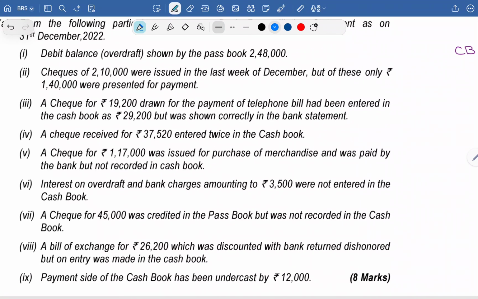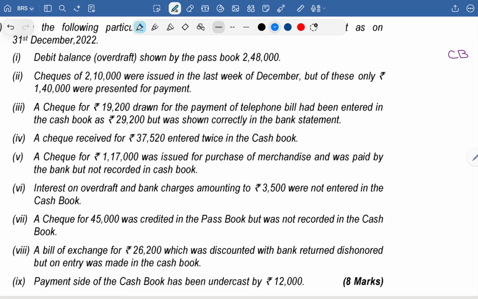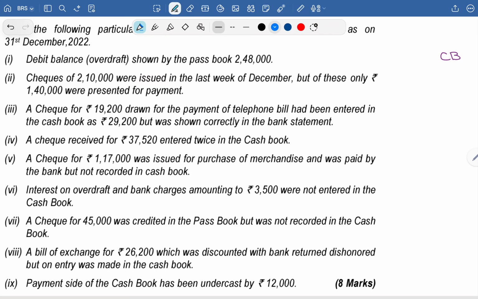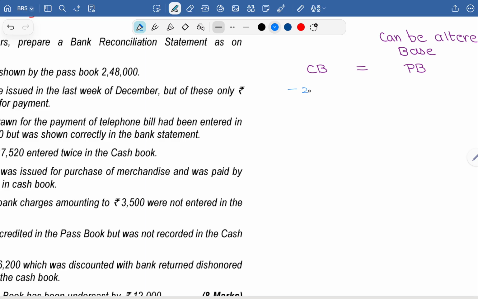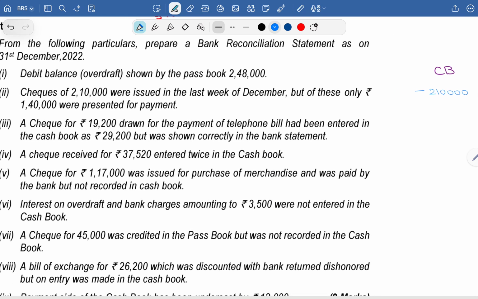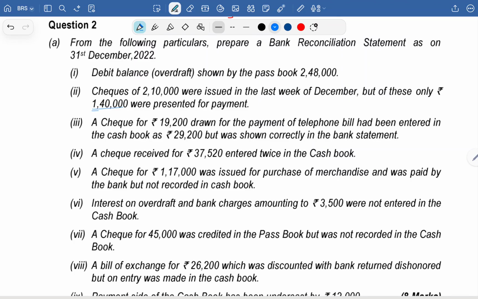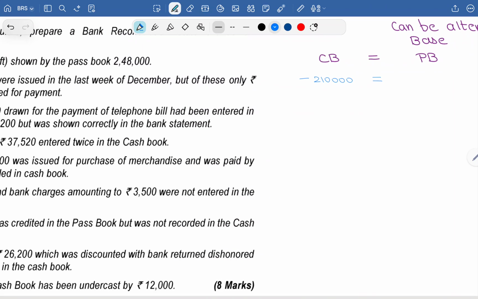After that, adjustment number 2. Checks of rupees 2,10,000 were issued in the last week of December, but only 1,40,000 were presented for payment. So we have issued checks worth rupees 2,10,000. When I issued the checks, we passed the entry in the cash book, so the cash book has reduced by 2,10,000, whereas in the passbook only 1,40,000 worth of checks were presented for payment.